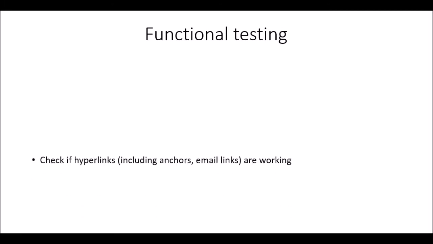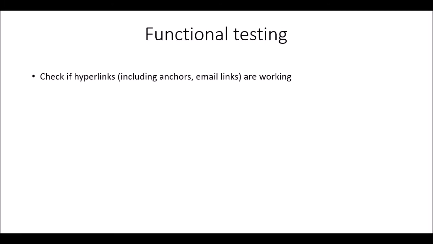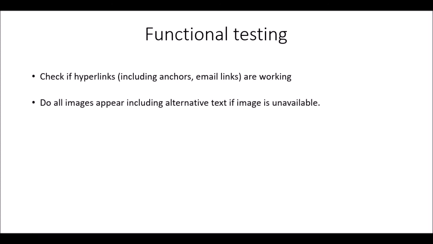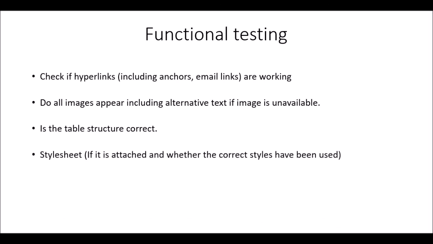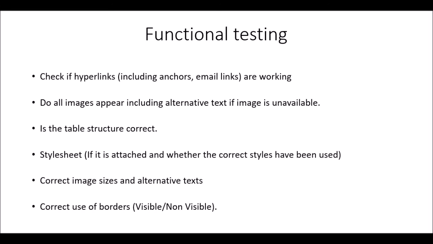All right. Now there is something called functional testing. That's when you check if hyperlinks, anchors, and email links are working properly. Then you check whether all the images appear properly, whether the table structure is correct, the style sheet for the CSS, the correct image size, as well as the correct use of borders.